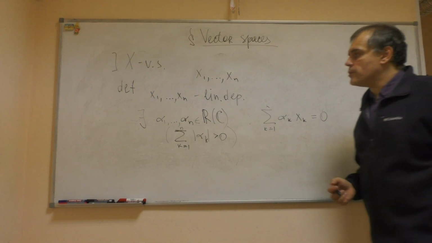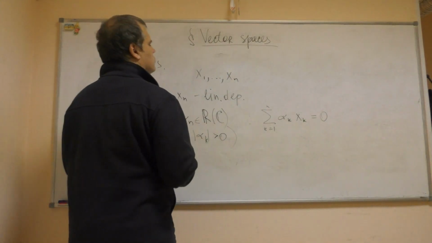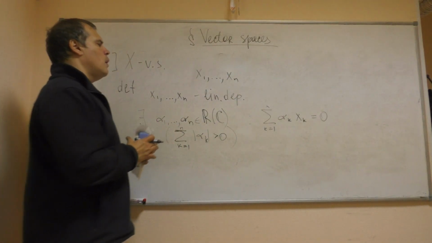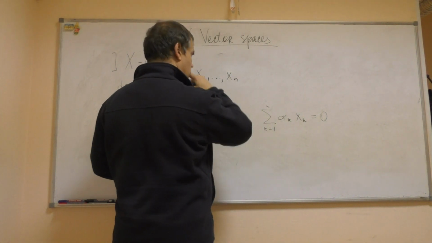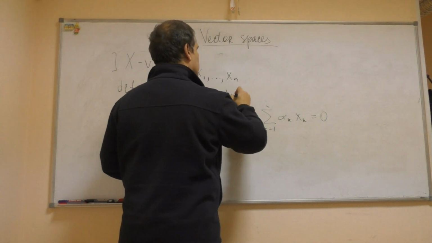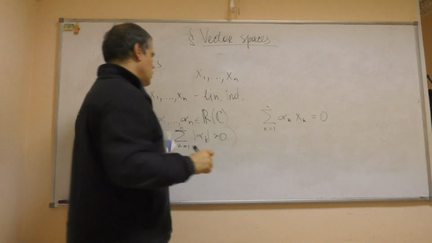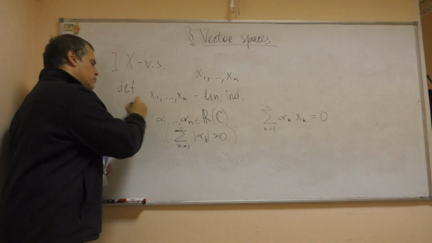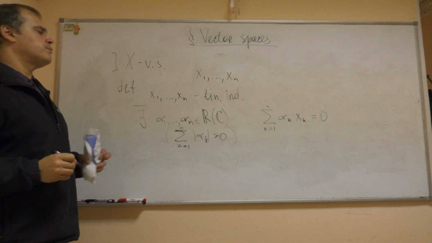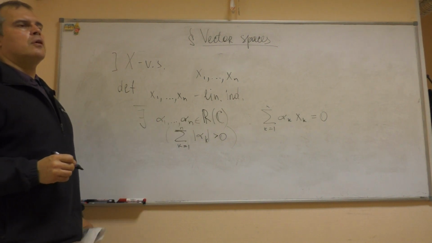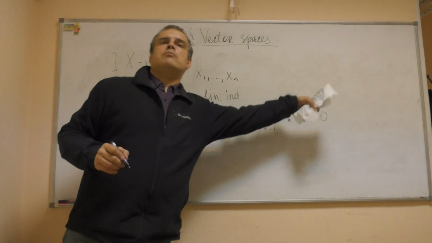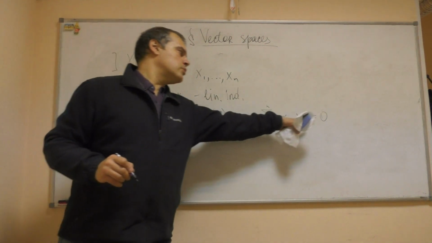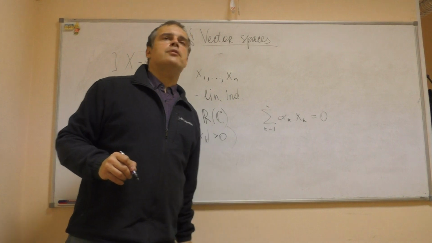And the opposite definition, I will just change this. We will call a set of n vectors linear independent if we cannot find such non-trivial combinations of constants such that this combination gives us 0.